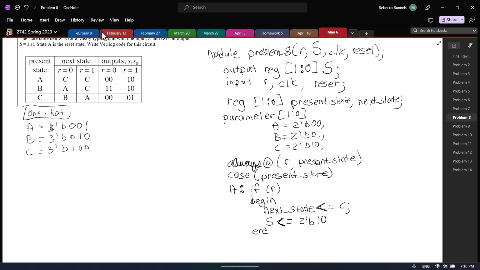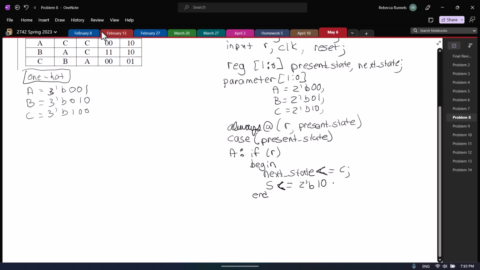End. Could we also use C? Like as C goes, S becomes C. Could we say that? You could. It'd be weird, but you could. It's not weird, it's just not what it's supposed to be. But yes, you could, instead of the 2'b10. Okay, and then B. Yeah, that's a 2.